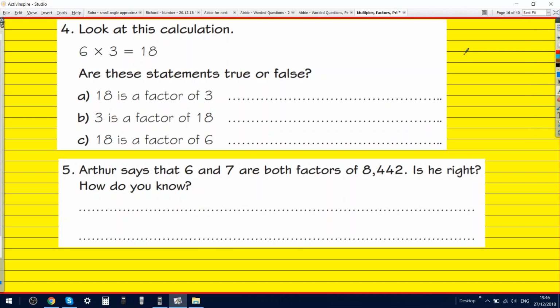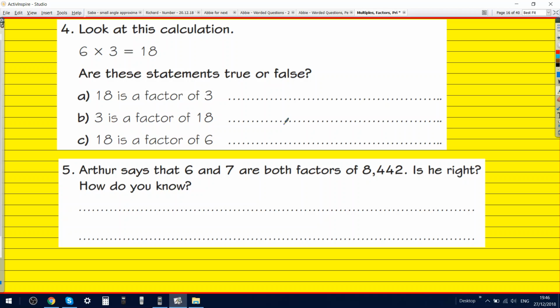I think we're okay for there. How about question 5? Arthur says that 6 and 7 are both factors of 84 and 42. Is he right? How do you know?